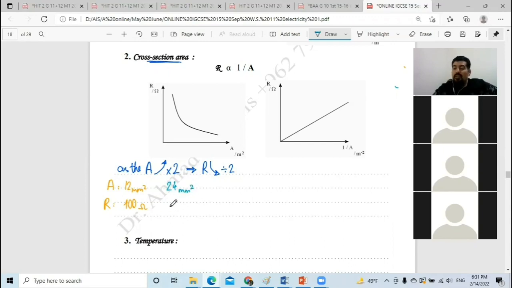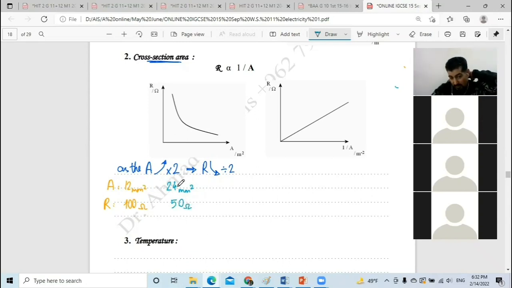How much will be the resistance of this wire? I'm talking about the same wire, same material, for example, copper. In this situation, how much will the resistance be? Check your answers. Bravo. Thank you, Layth. Thank you, Muhammad. Yes, it will be less. It will be 50 ohm.